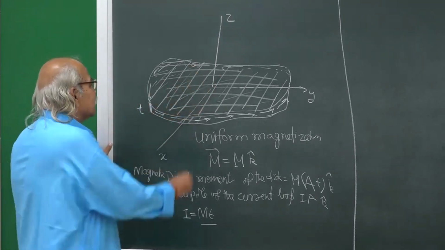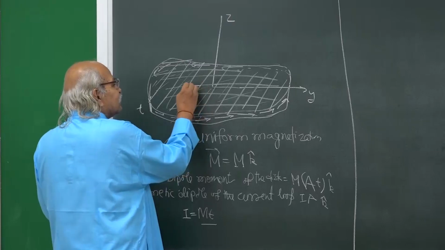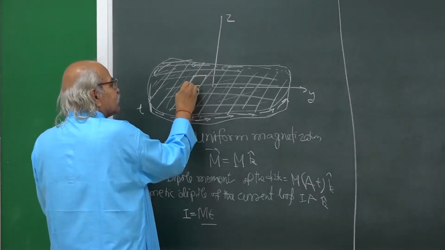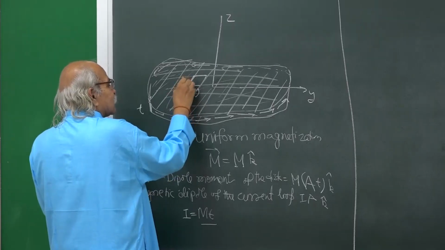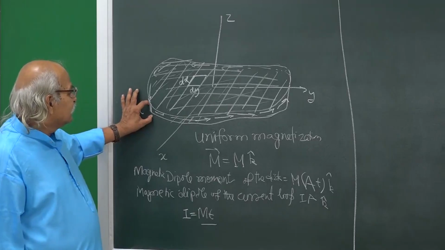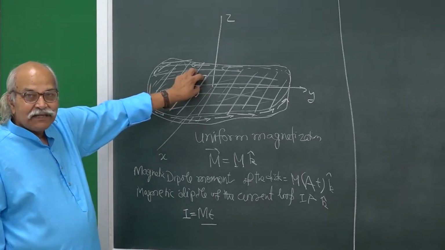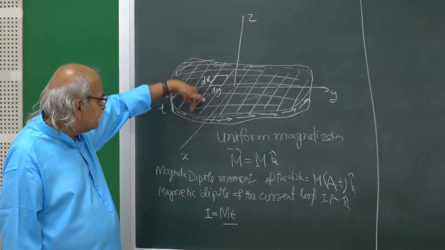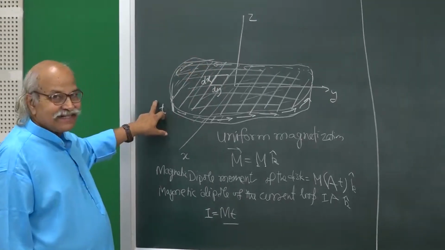Let us say this length is dy, this length is dx, and the thickness is t, so dz is t. So you will have a rectangular object dx, dy, and dz, which is t.